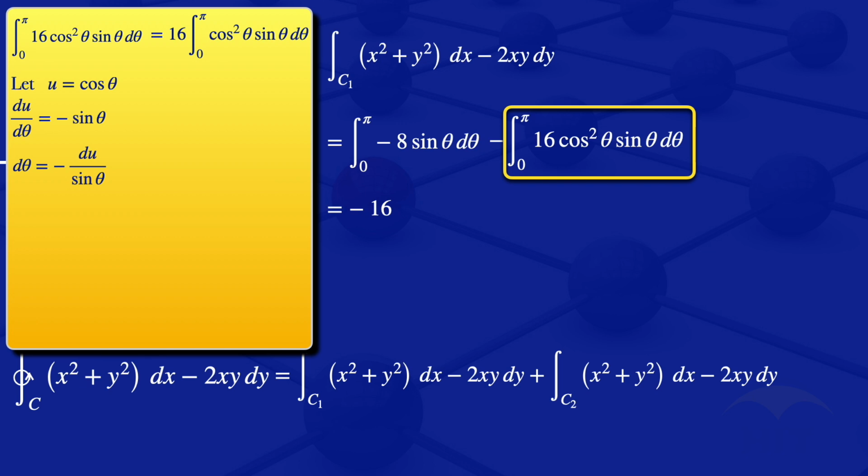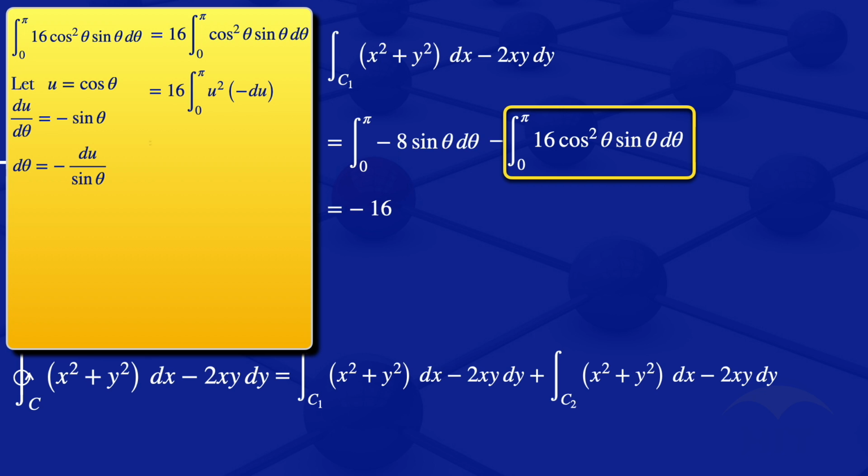And when you substitute into the formula there, where we have cosine squared theta, it will become u squared. Then where we have sine theta d theta there, what we would have is sine theta multiplying minus du over sine theta, so it would be minus du. So we have 16 integral from 0 to pi, u squared times minus du.